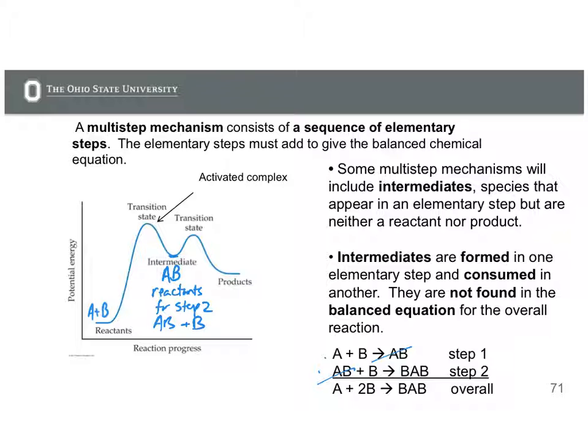If there's other products that show in step 1, they may also show up here as well. And then our products are going to be the products of step 2. And again, we don't know what our transition state looks like. It's going to be something sort of halfway between A plus B in the first step, for instance. Okay.